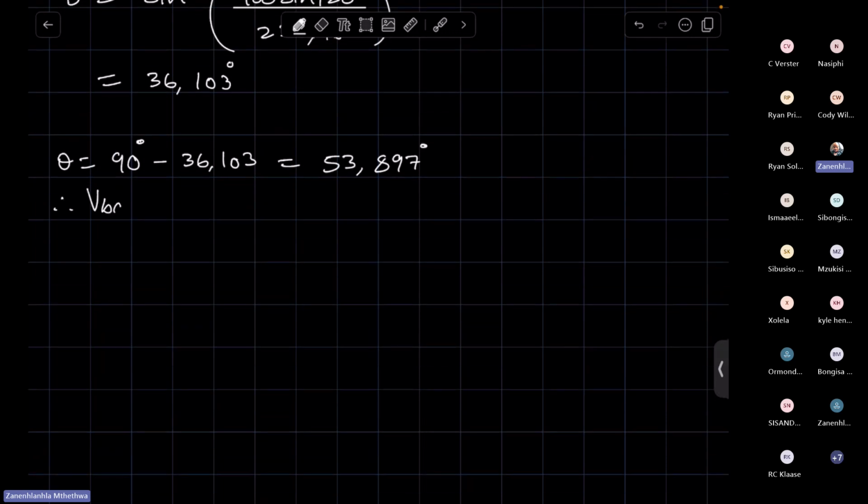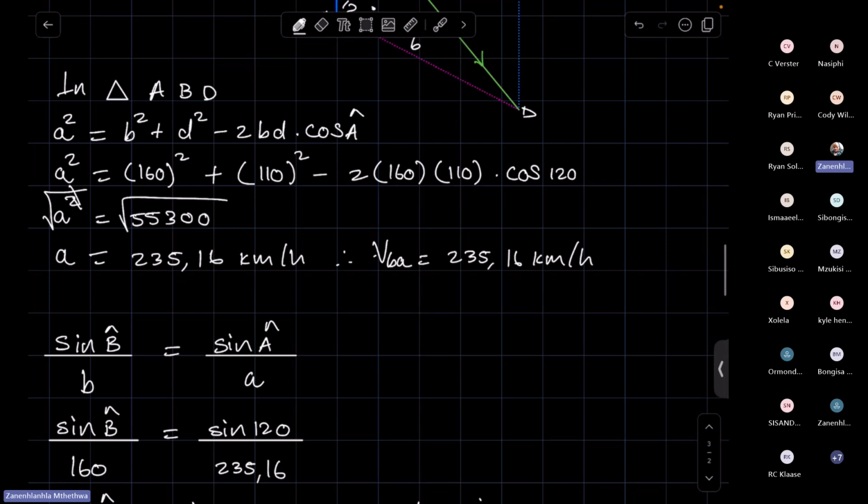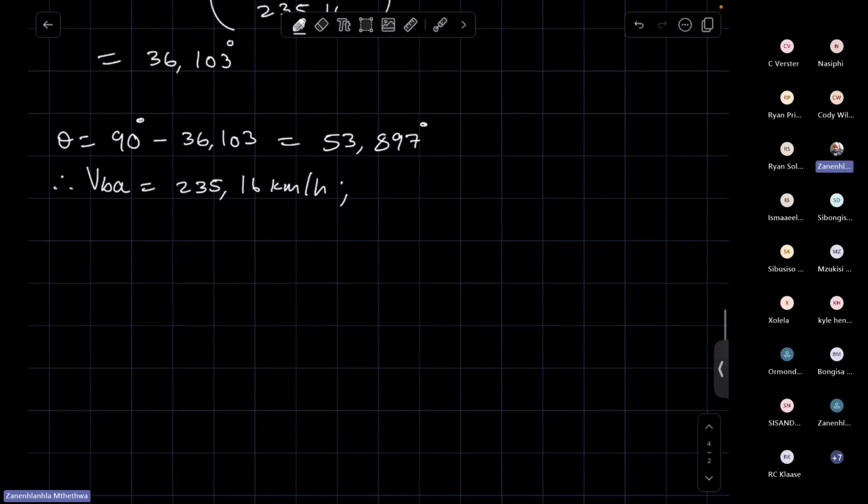Therefore VBA is equal to, in magnitude, 235.16 kilometers per hour. Direction, the angle is referenced from the x-axis. Is this resultant going west or east? East, sir. So our angle, having been referenced from the x-axis, means this is east. The angle is 53.897 degrees going south.